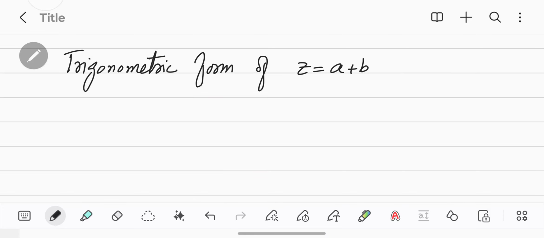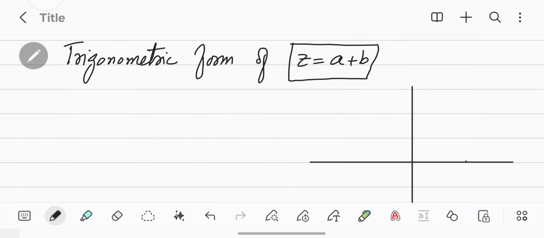Once we are done with the argument and the modulus of a complex number, we can easily define the trigonometric form of a complex number. Since this is the Cartesian form of the complex number, now we can easily define the trigonometric form. So we suppose that we are given a vector, and here in this vector, this length is A, this length is B. So we have A plus B iota as a complex number.